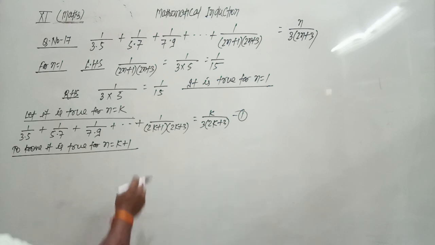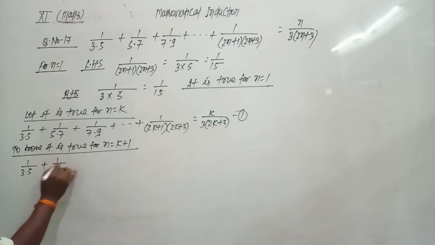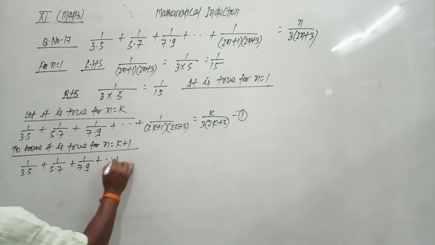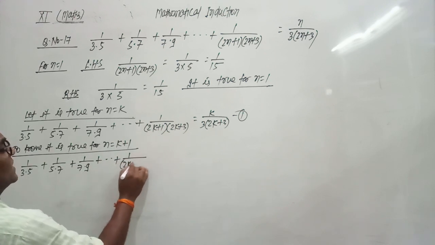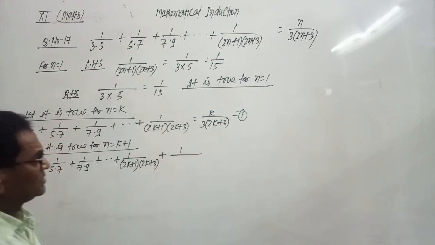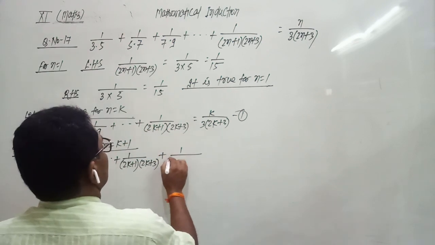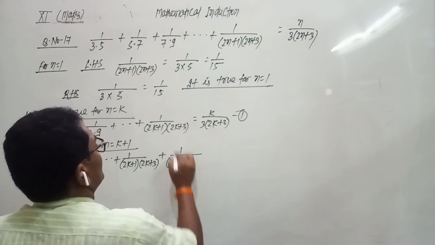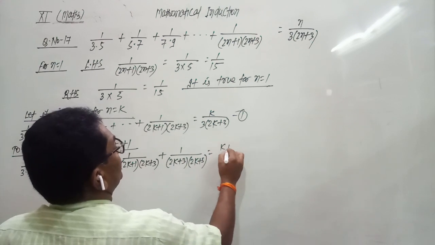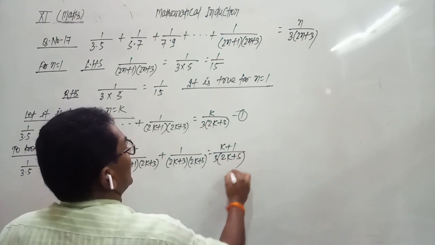So first we write the term up to k terms. 1 by 3 into 5 plus 1 by 5 into 7, 1 by 7 into 9 plus 1 by 2k plus 1, 2k plus 3, then plus 1 upon, replace k by k plus 1, so 2k plus 2 plus 1, that is 2k plus 3, and 2k plus 2 plus 3, 2k plus 5, here k is replaced by k plus 1, 2k plus 2 plus 3, that is 2k plus 5.